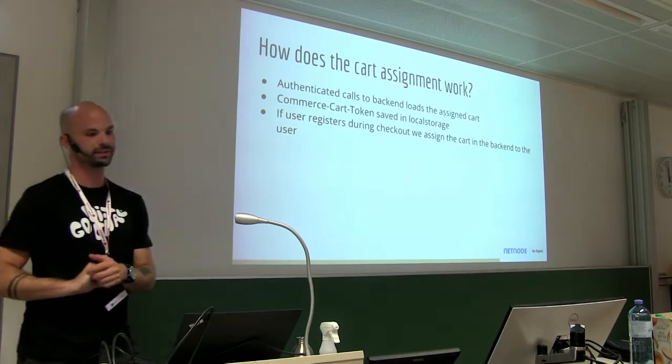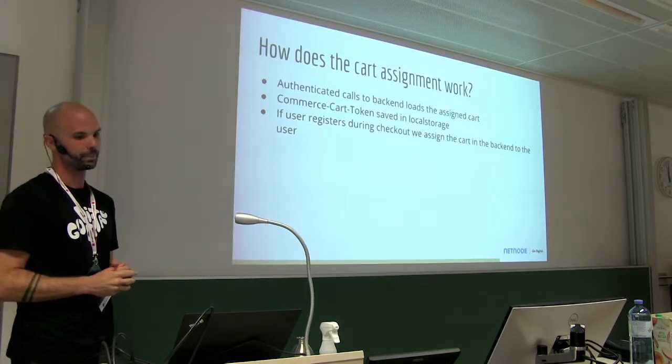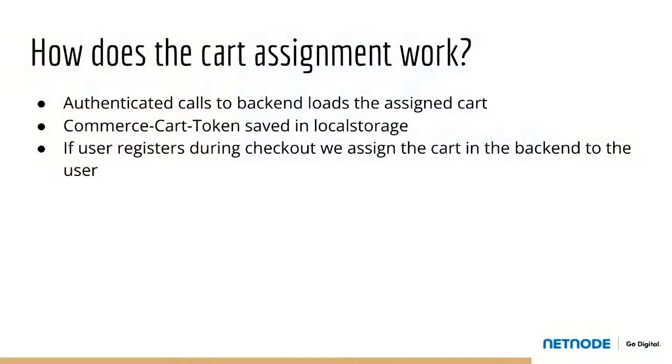So how does the cart assignment work? Basically, there are two ways you can have a cart in this workflow. You either send an authenticated call, so that means the user is logged in on the front end, and you send an OAuth token to the backend, and Drupal will provide the correct cart to the user.